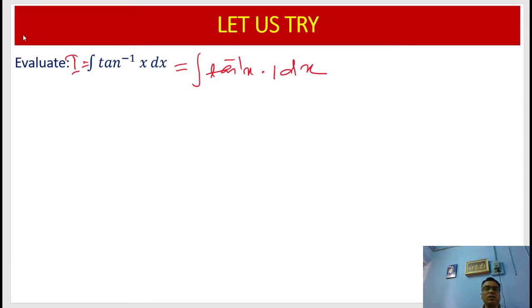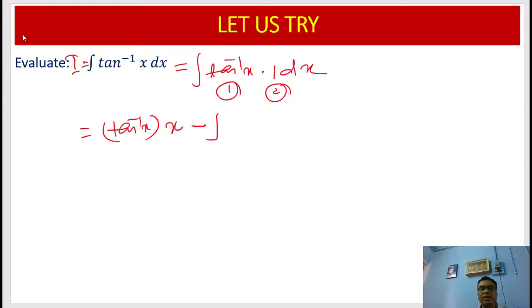I am not going to manipulate here because the derivative of tan inverse x is simply 1 by 1 plus x square. So this is my first function, this is second. Let us integrate. First, tan inverse x. Integration of second, integration of 1 is x.